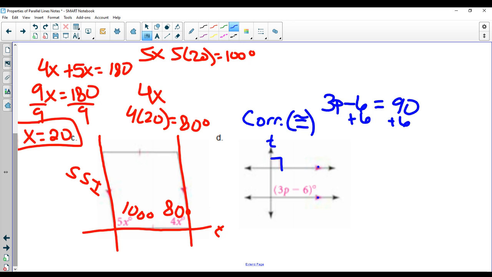Now we're going to add 6. I think that's 32, but I'm going to double check because I'm not sure myself. Yep.